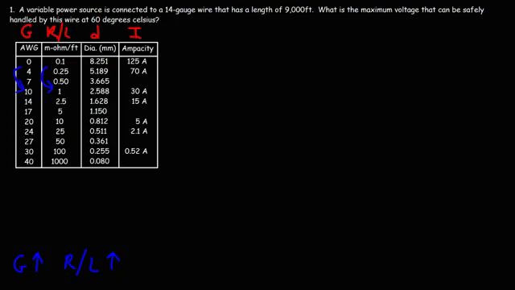In this case, as it goes from 4 to 7, the resistance per unit length goes from 0.25 to 0.50. And as it goes from 17 to 20, we can see that the resistance doubles from 5 to 10. So every time the wire gauge increases by 3, the resistance per unit length increases by a factor of 2.